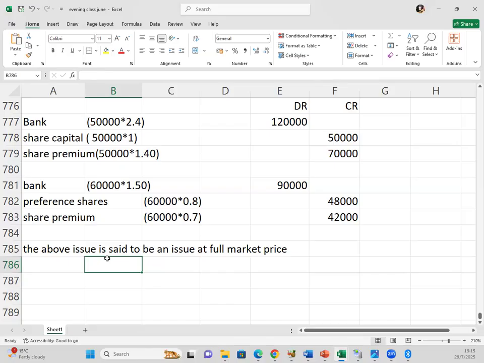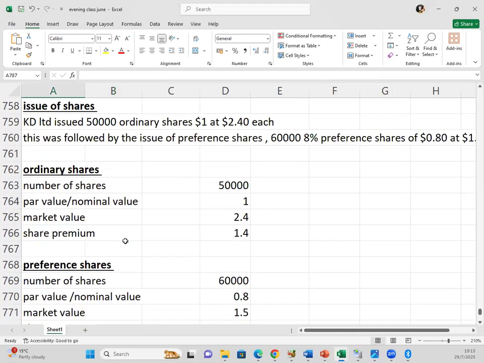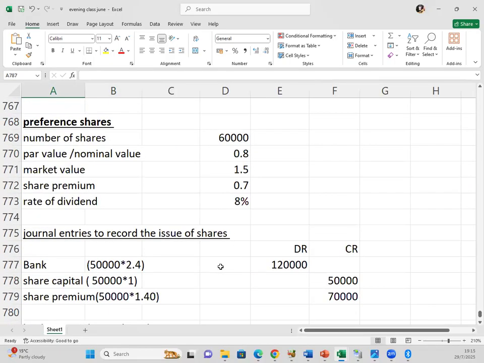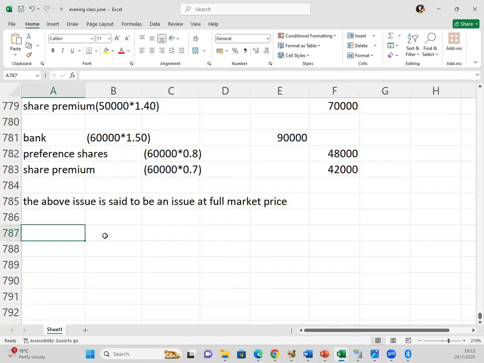So when shares are sold to shareholders at a price below the market price, let's say the ordinary shares, which we know are going for $2.40, we can have what we call a rights issue. So what is a rights issue?